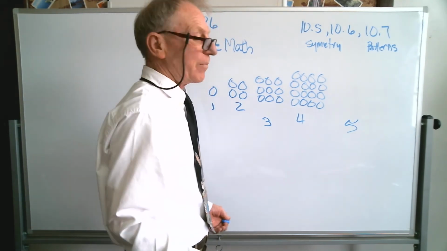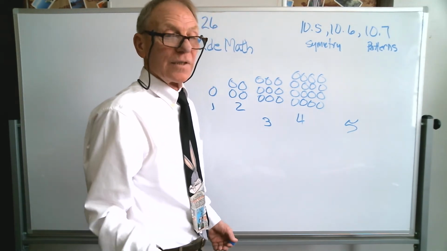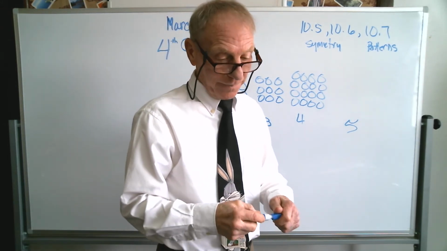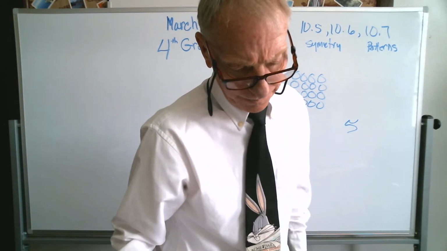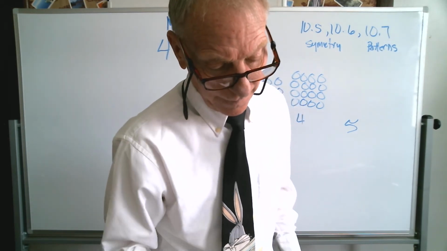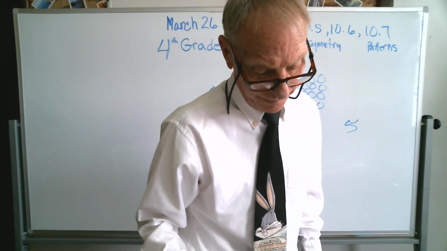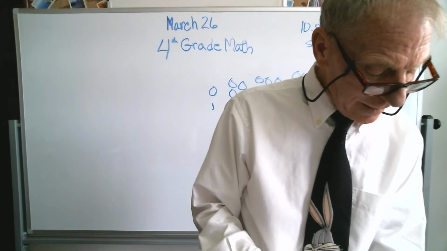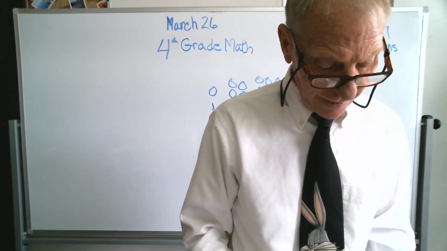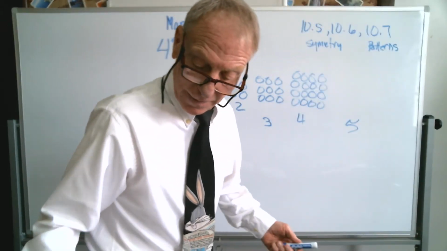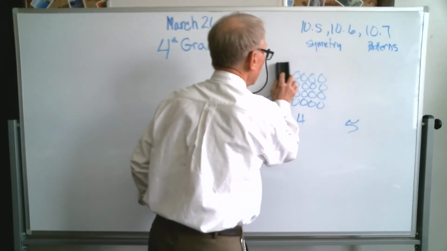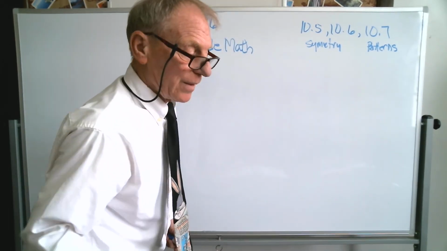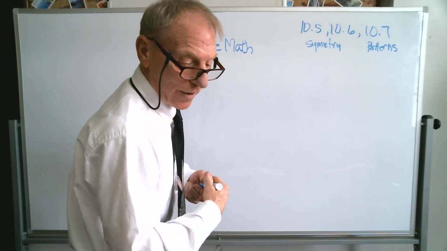Well, obviously, it's going to be 5 rows of 5. And 6 would be 6 rows of 6. So, looking at the different patterns they give you here, it's a repetition, or it's looking at how that pattern changes as it moves along the line.